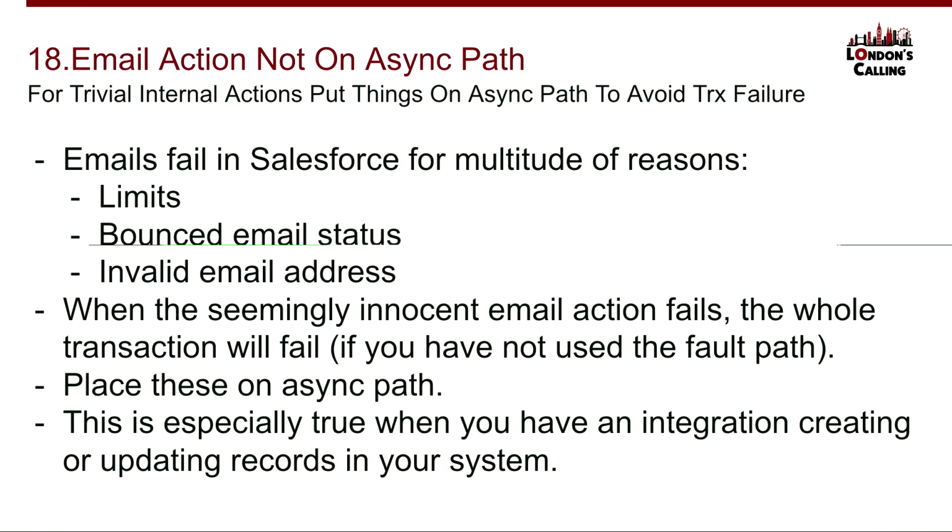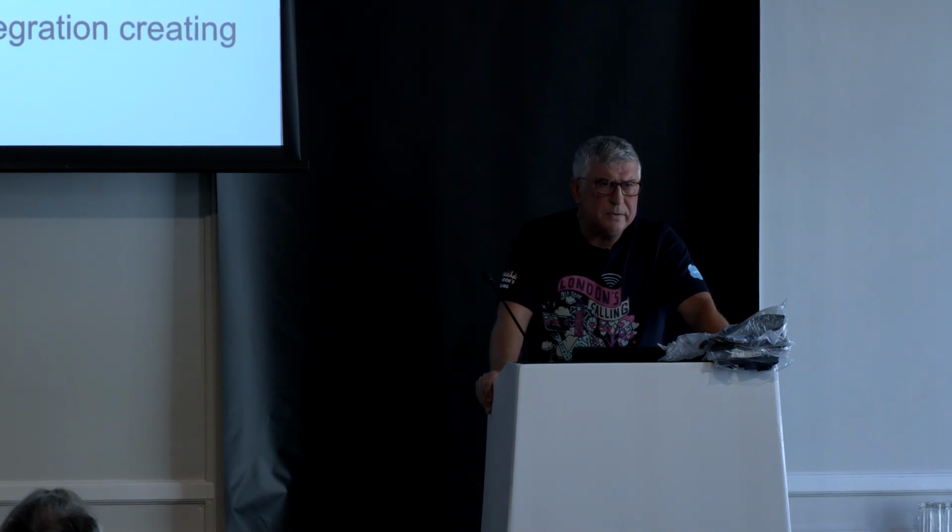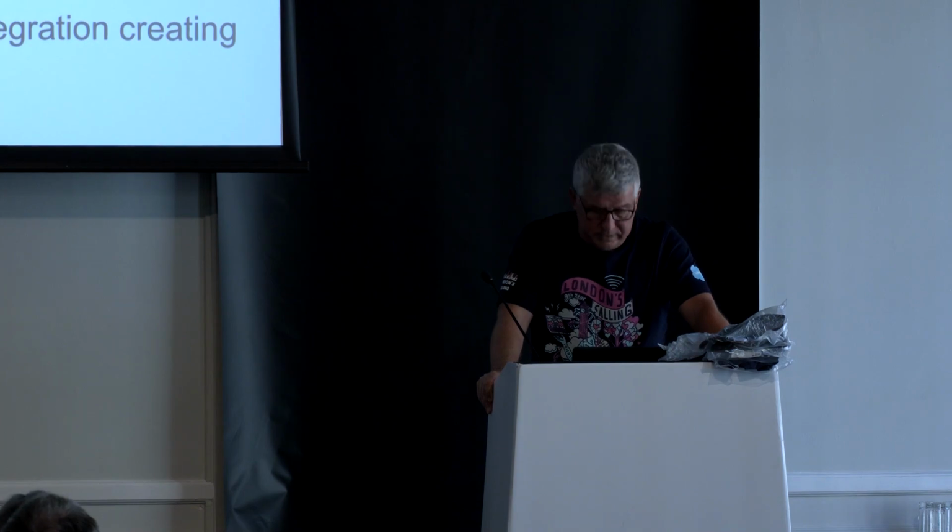Clients are using email the way a marketing email solution should be used, and they are hitting limits. When this happens, you either handle it with a fault, or in some ways it's better to put these on an async path so that when the email fails, it doesn't fail the whole transaction. That happens quite a bit.